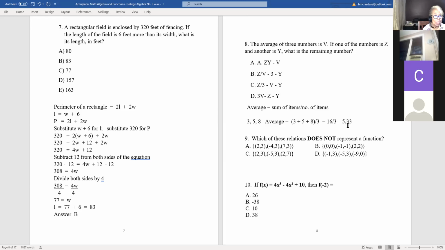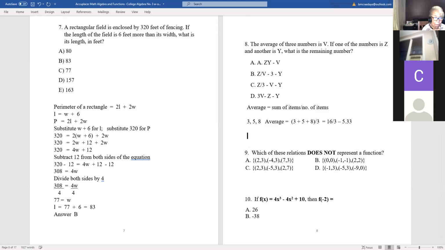So this problem is giving you some variables here. It says the average of three numbers is V. If one of the numbers is Z and the other is Y, what is the remaining number? Okay, so let's just write that.